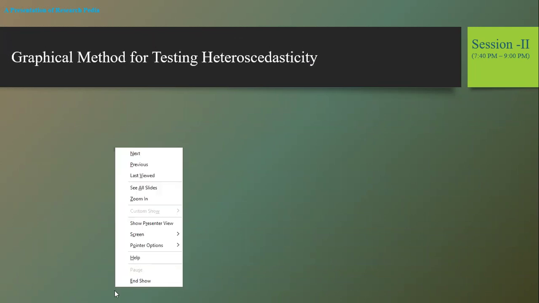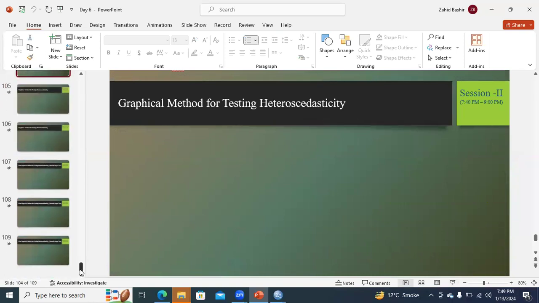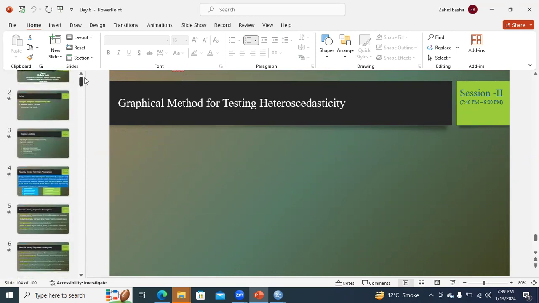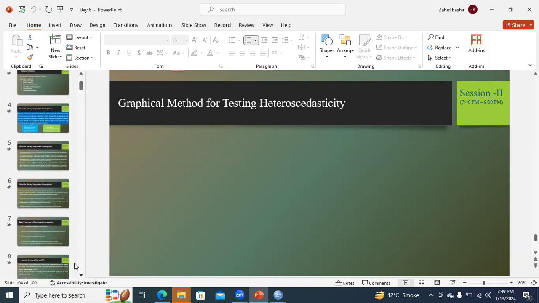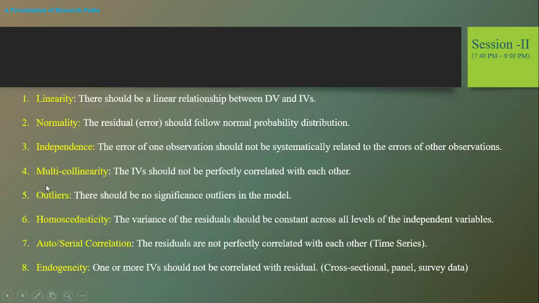I have told you the graphical procedure, and you have learned a lot from this procedure. So it was about how you can estimate your different assumptions. The last thing regarding the assumptions, after which I will start the different cases of regression, is that using SPSS, you can estimate the first six assumptions.